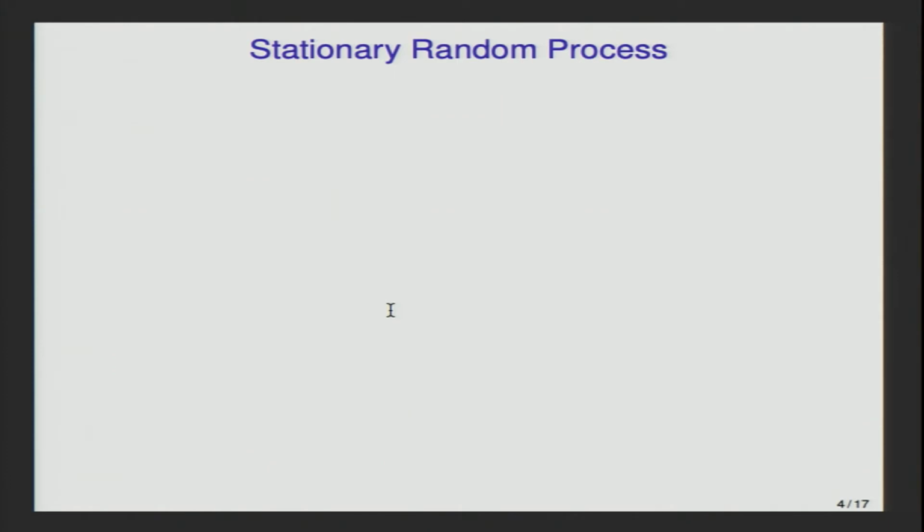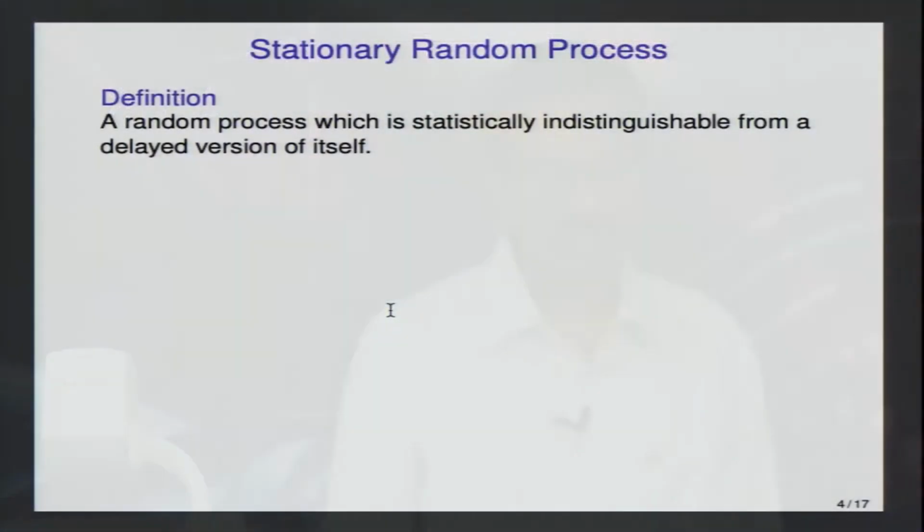While this is the general description of a random process, the process we are usually interested in and want to characterize has certain properties, which means typically the statistics, not the value itself, remain the same over time. Such a process, if I take it and delay it by some time, is statistically indistinguishable.